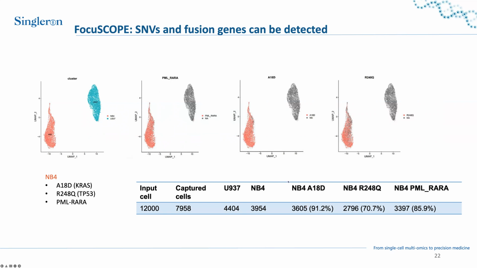Here you can see the numbers. We detect more than 90% of the mutation on KRAS, 70% of the mutation on TP53, and 85% of the fusion genes.